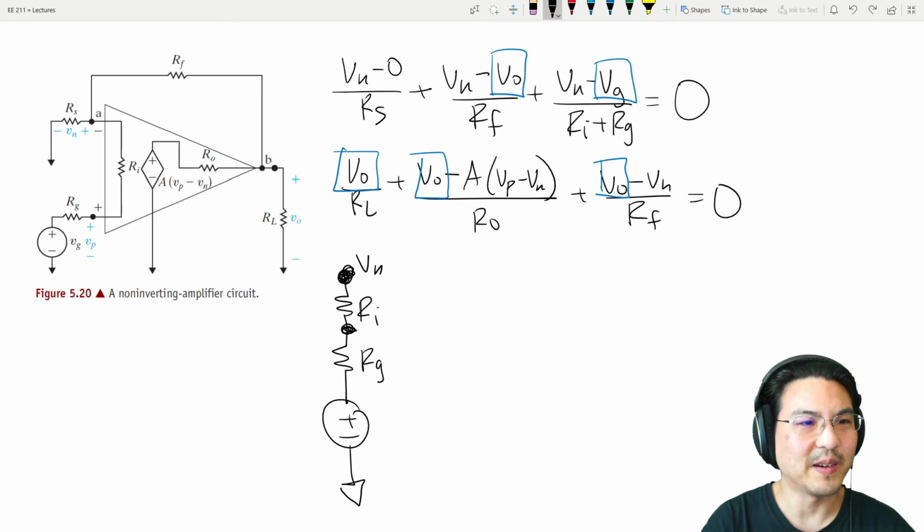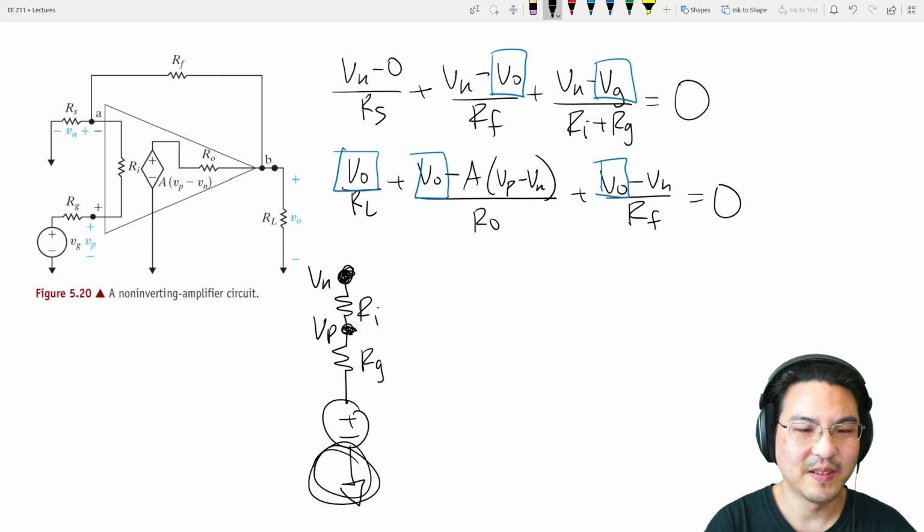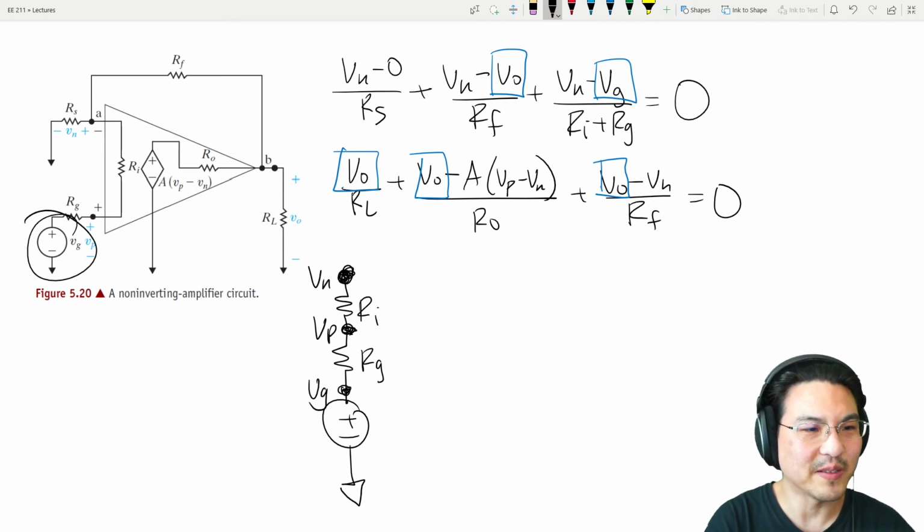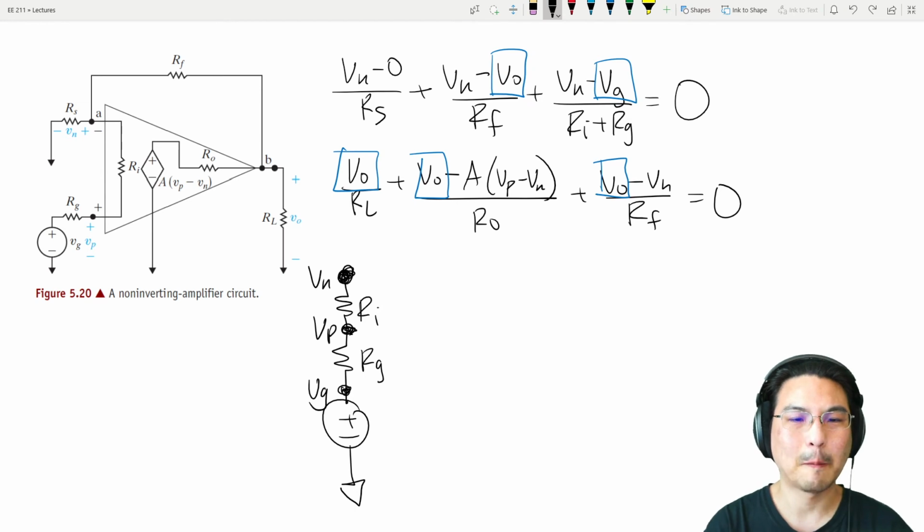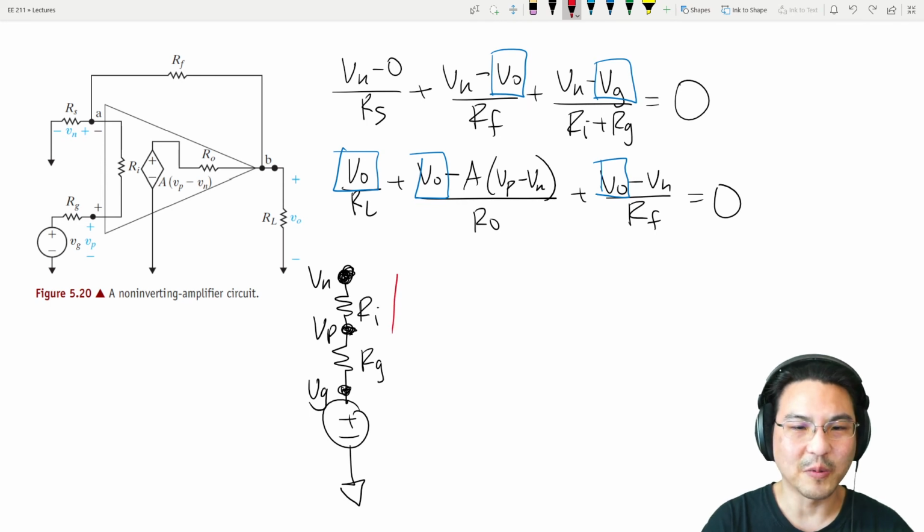The voltage right here is Vp, write it on the side, Vp. And then over here is 0, and over here is Vg because of this voltage source. Okay, so notice that the current this way is the same as this way. I mean, these are in series, so it's the same current.